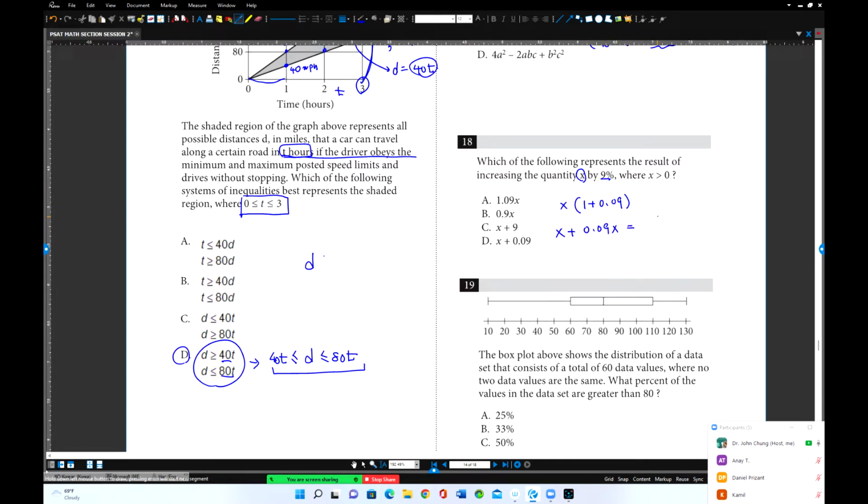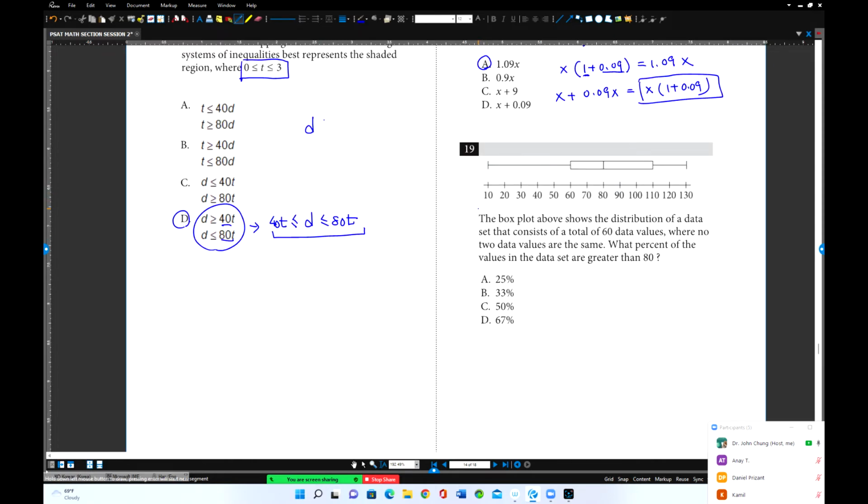But X is common, right? X is out, inside is 1.09. That's the formula, okay? From this original, this is the increase portion, which is the rate. So, which is the answer? 1.09 times X is the answer, okay? Choice A is the answer.